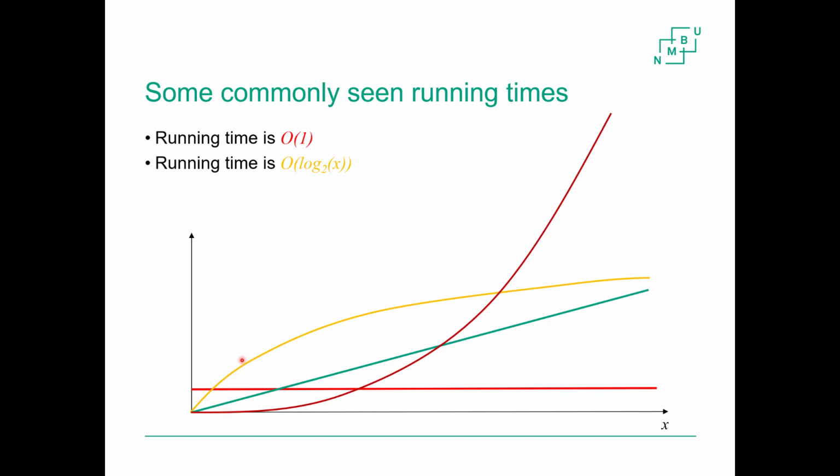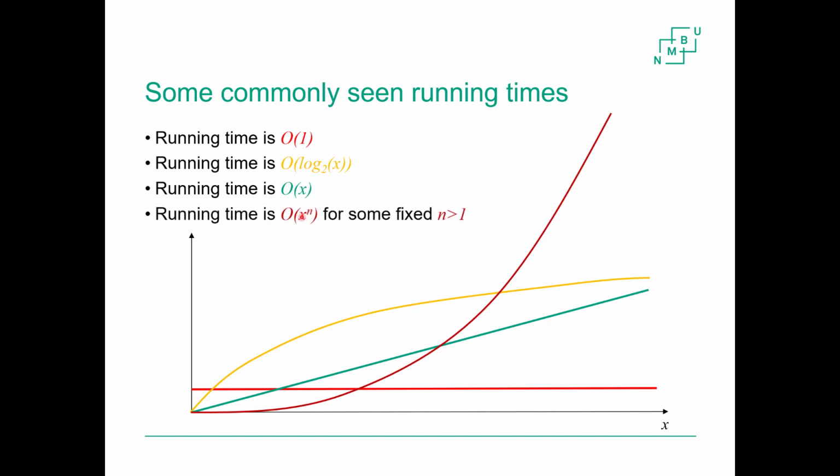It's how it grows when x gets big. And this grows extremely nicely because it grows less and less. Then, of course, we have the linear one that we saw in the previous slide. It's not too bad either, but double the size of the problem and you double the time it takes.